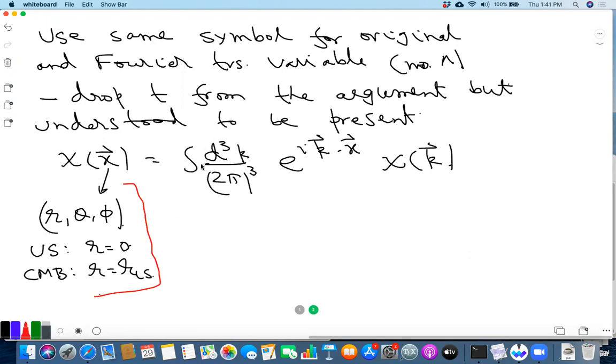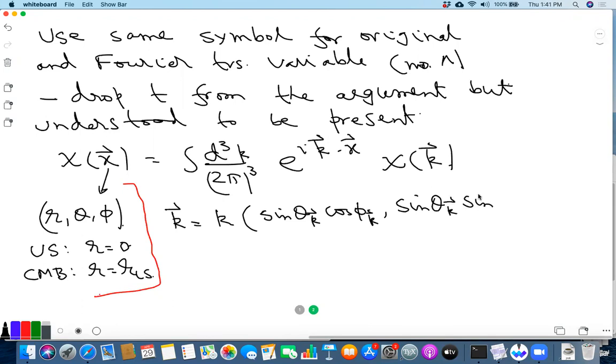Now, this also we will try to express in the polar coordinates. So this vector k I label as k times (sine theta k cos phi k, sine theta k sine phi k, and cos theta k).